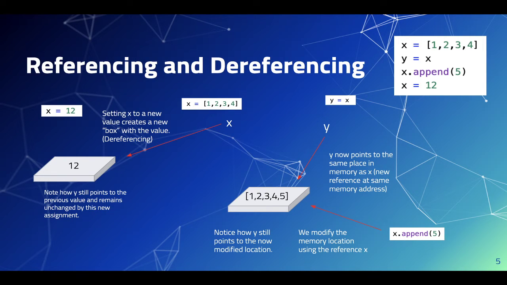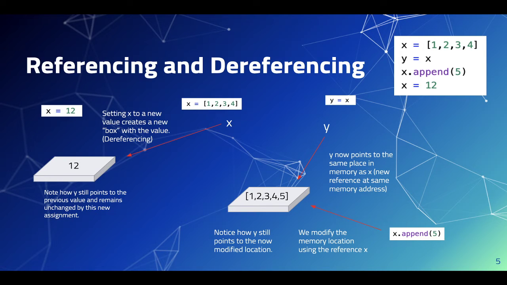So you have to understand, we're not changing the actual value at the location that contains 1, 2, 3, 4, 5 to have 12. We're creating a new box that contains 12 and assigning that to x. So now x doesn't point to 1, 2, 3, 4, 5. X points to 12. It cannot point to both, obviously, because then there's ambiguity, but x points to 12. So at the end of all of this, what is the value of x?